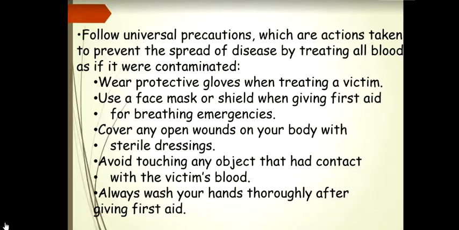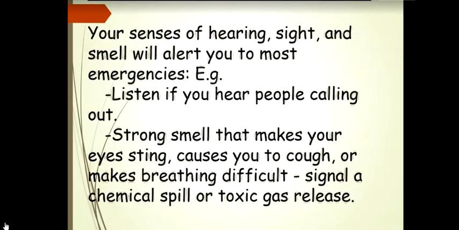Important because this will help us to prevent, again, transmission of any infection. Always wash your hands thoroughly before and after first aid, for this matter, if, for example, you do not have protective gloves. So those are universal precautions we think about when you think about infection prevention and control.